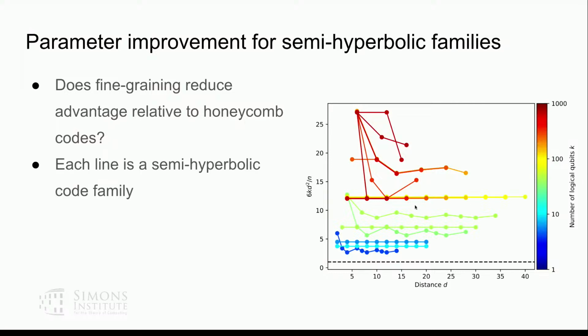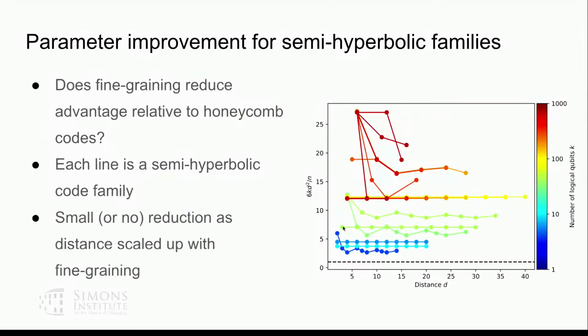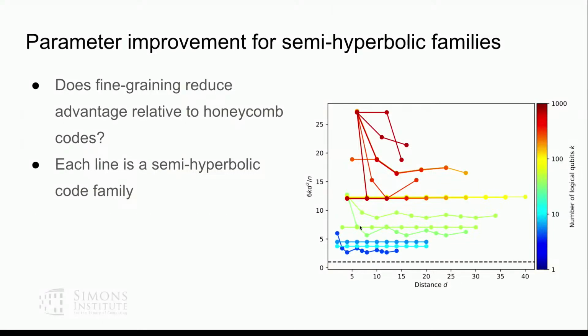Each line here is a family of semi-hyperbolic Floquet codes. For example, I'm going to take this green line here. Each dot, going one point from left to right, is fine graining the lattice by 1, so adding 1 extra vertex along each edge of the triangle in the dual tiling.